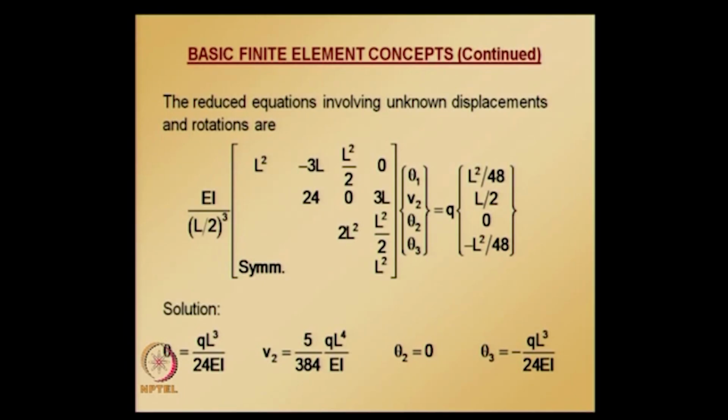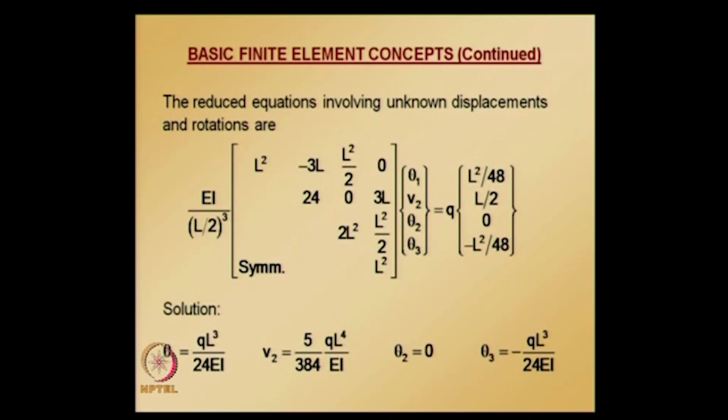Please note that node 2 corresponds to the midspan of this simply supported beam, and note that the finite element midspan displacement and rotations are the same as the exact solution of the problem. So, using these nodal values, element bending moments and shears can be calculated for element 1 and element 2.